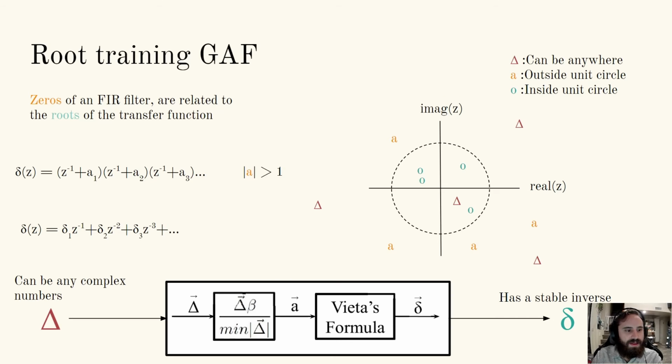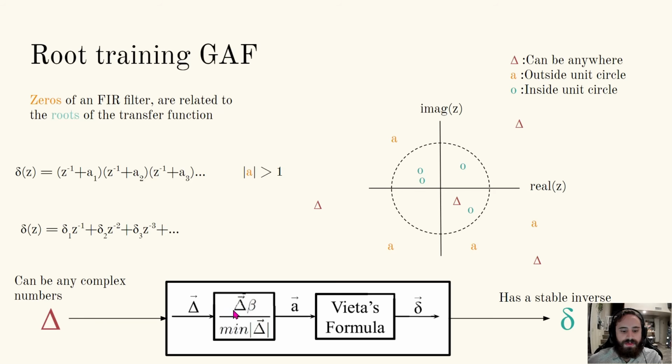So what we have is the transfer function of our filter, delta of z, equals (z inverse plus a1)(z inverse plus a2), and so on. As long as the magnitude of all these a values is greater than 1, then all the zeros will be inside the unit circle. And then we can expand the polynomial or use Vieta's formula to get our filter taps, lowercase delta 1, lowercase delta 2, and so on, from our a values. So the seed vector can be any set of complex numbers.